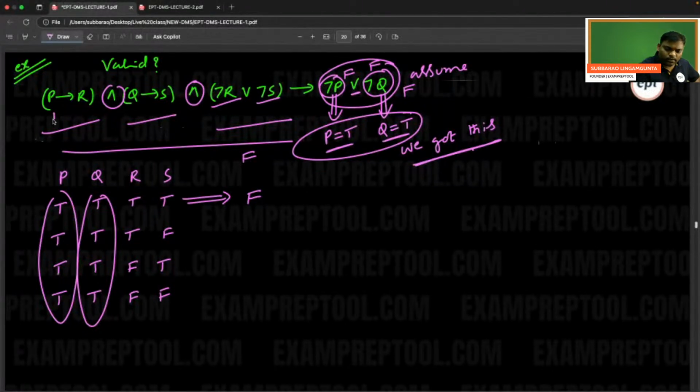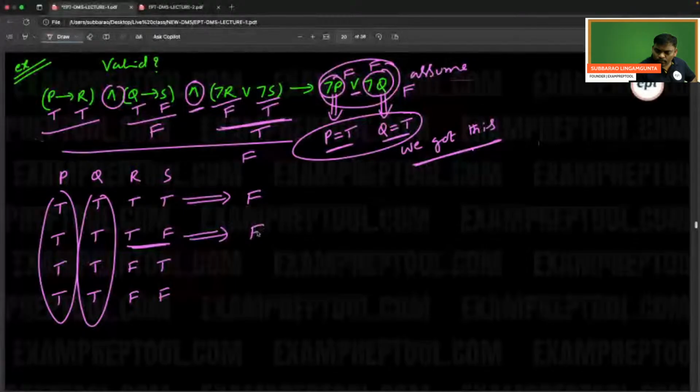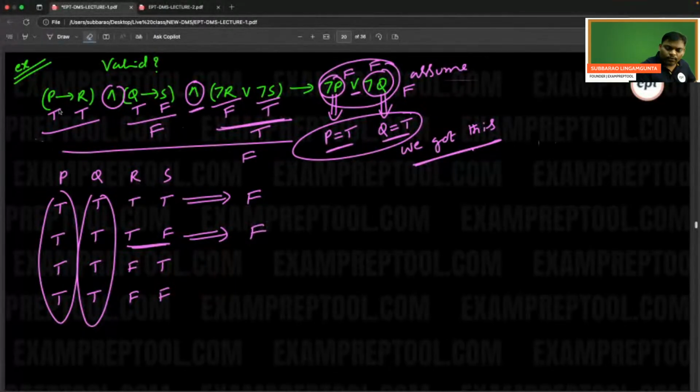R is T, S is F. So R is true, negation R is false. S is false, negation S is true. So false or true means true. Next, true and true... overall the left is false, because the R part is false and an AND operation with anything false is false. So this also gave false. If one case fails, it fails, but unfortunately no one is failed till now. Everything is perfect till now.